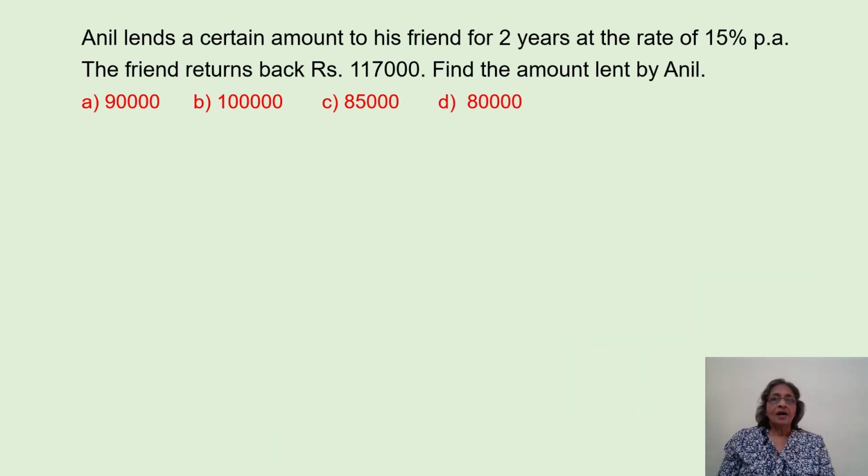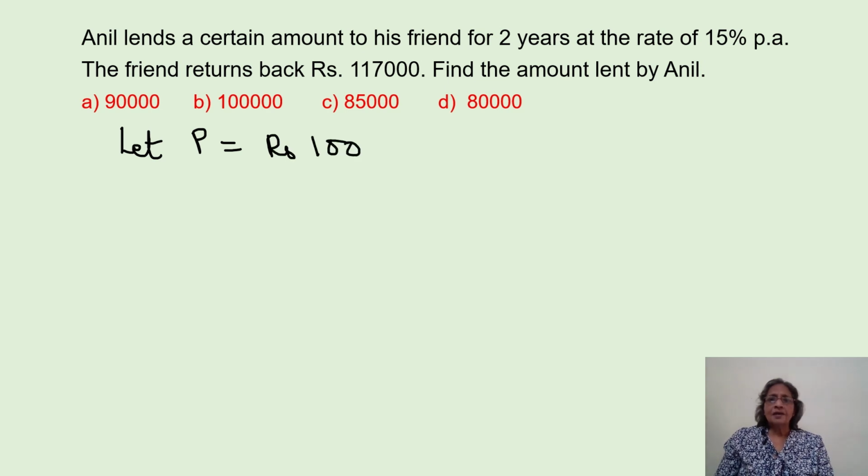Okay, Anil lends a certain amount to his friend for 2 years at the rate of 15% per annum. The friend returns back 1,17,000. Find the amount lent by Anil. So let's see what we can do here. In this case, I'm taking a different method. Let principal be rupees 100.